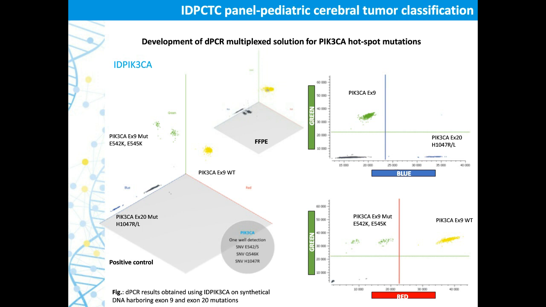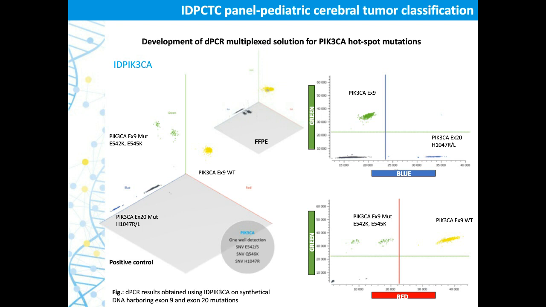In the green-blue dot plot, you can see that you have all your exon 9 in green and the mutation of the exon 20 in blue. And if you look at the green-red dot plot, you will see that your exon 9 can be divided into the wild-type population, the yellow one, and the mutated population, only the green population.